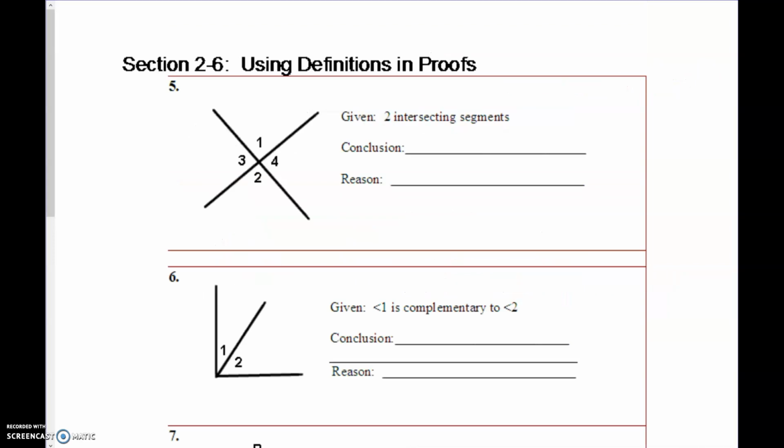All right, number 5, if we have two intersecting segments, there's a couple different things that we could say here. This is intersecting, so this is making a straight line. So we could say that angle 1 and angle 3 are supplementary.